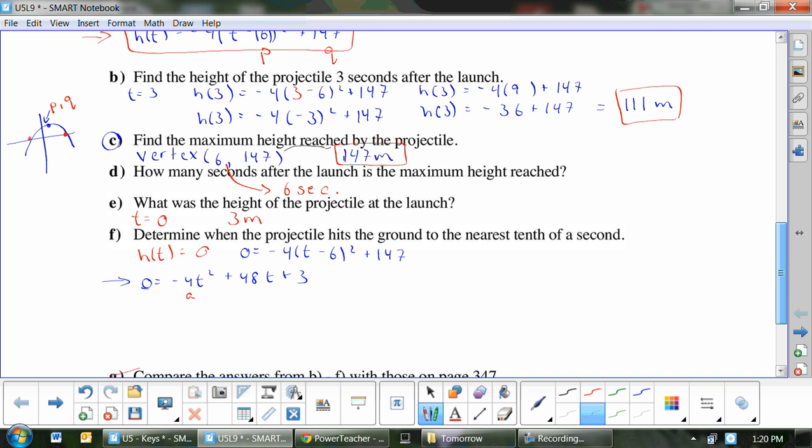So we go a is -4, b is 48, c is 3. So we get t is equal to negative b plus or minus the square root of b squared minus 4ac, over 2a.